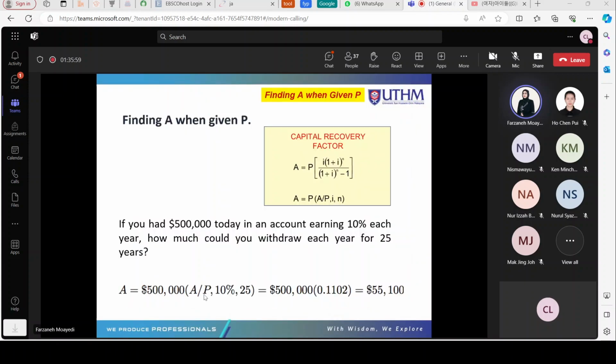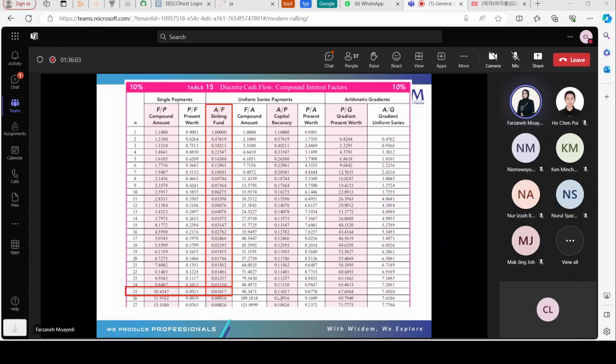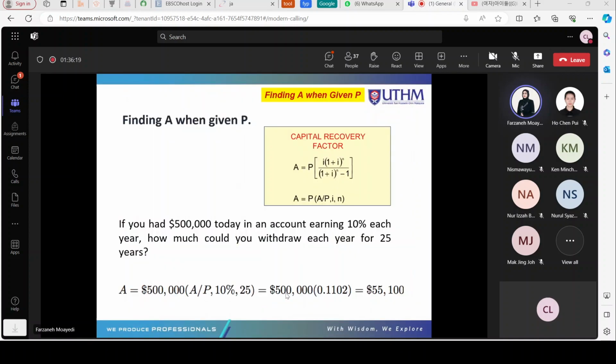And what we have here is actually A/P. So it's different than the previous one. This is going to be the answer for this question, because this one is for the present. You can see that the value is 0.11017.